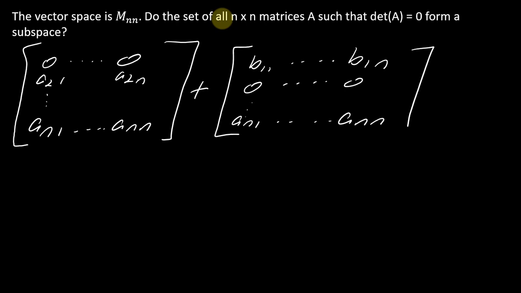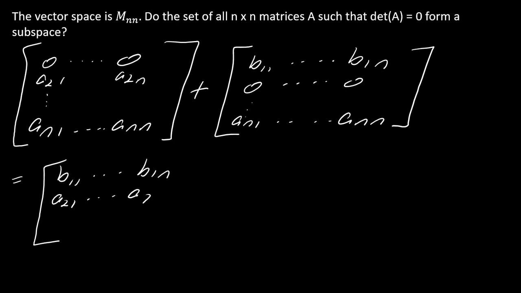So I can see here that if I add these together, this clearly has determinant 0, and this clearly has determinant 0 because I've put in a row of zeros here and a row of zeros here. So because I now have B11 to B1n, this is going to be A21, A2n, and then down here, and these should have been B's.